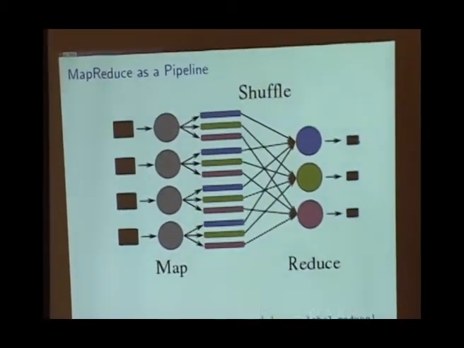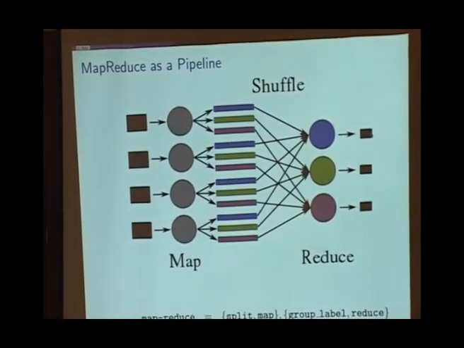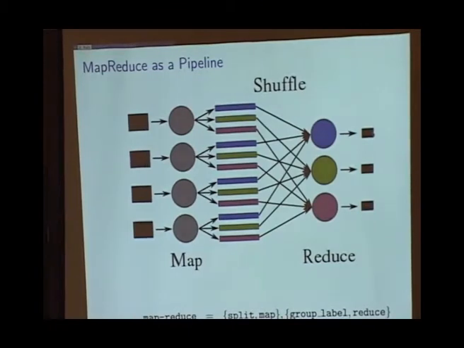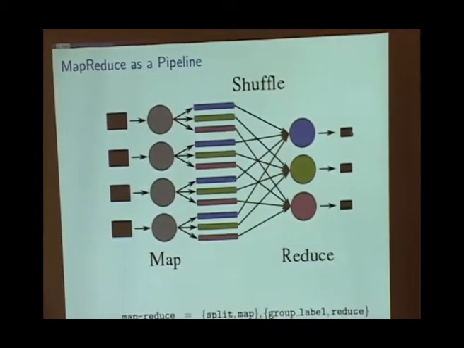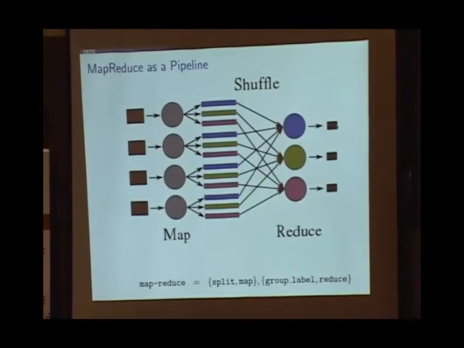Once you have this pipeline model, you can express MapReduce as a pipeline, since the pipeline model is a strict generalization of MapReduce. MapReduce can be easily expressed as a map stage, which performs a split grouping, so there is one map task per input chunk.